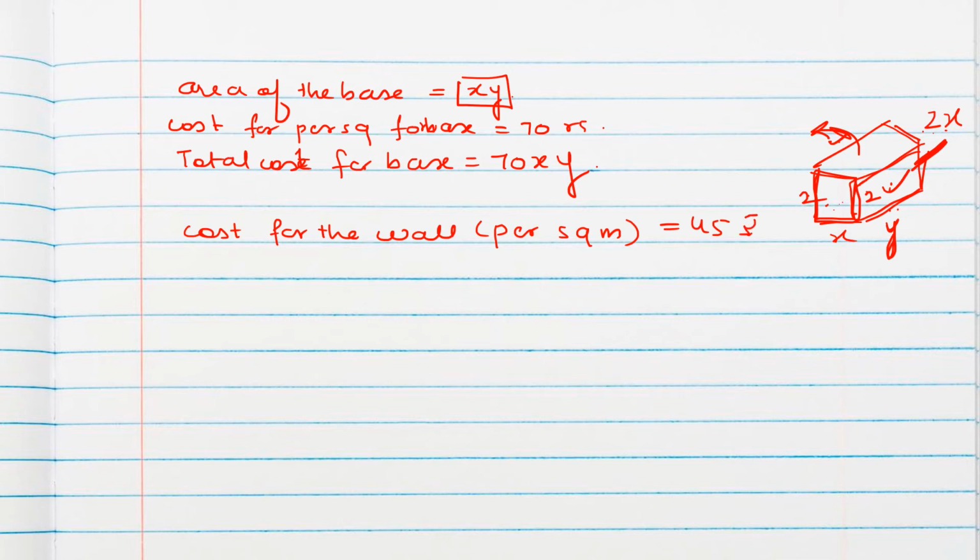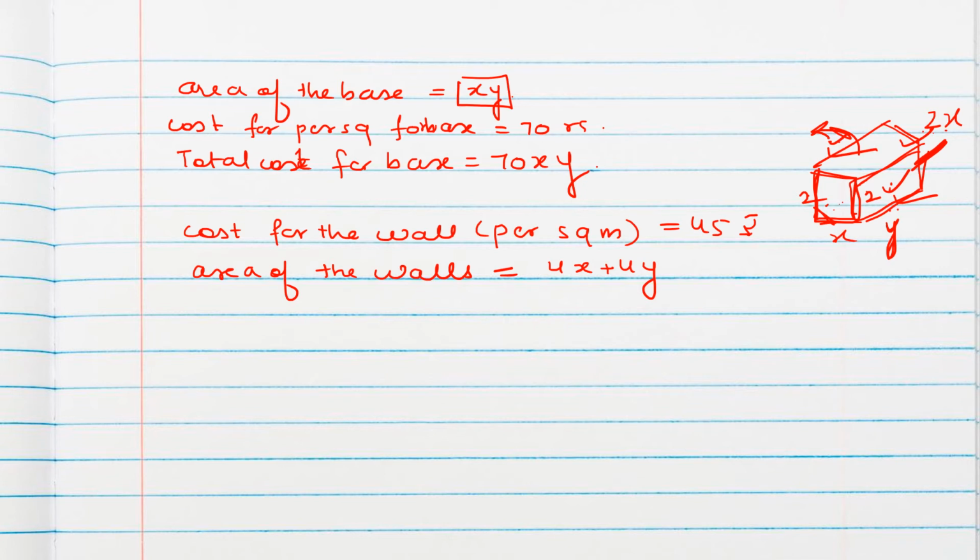The area of the walls we can find. Area of the walls will be 4x plus 4y, isn't it? Because this area 2 into x, plus this area, plus this area, plus this area. So this is not the perimeter, this is area, but the area of the four walls.